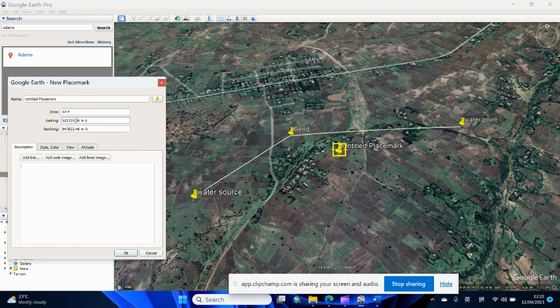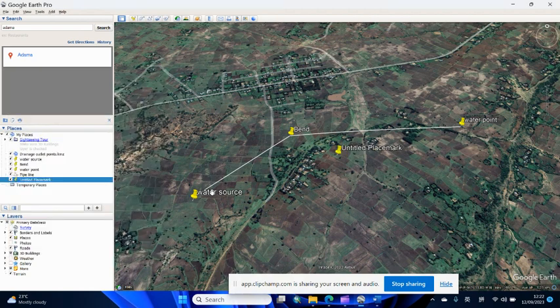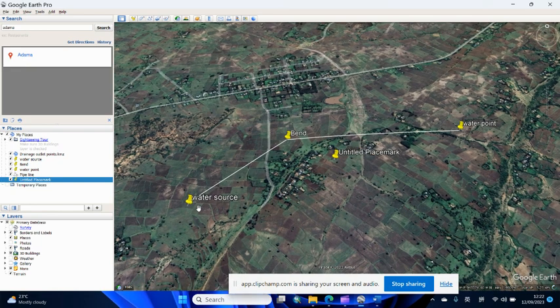Then we can name it here, water source. Then you click okay, and this water source point appears here with the name water source.